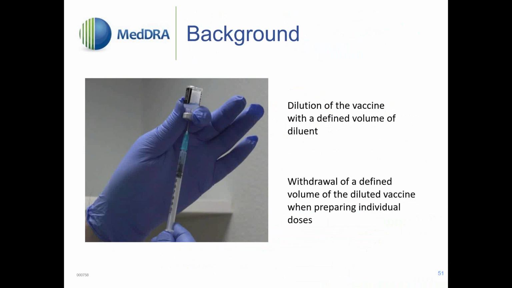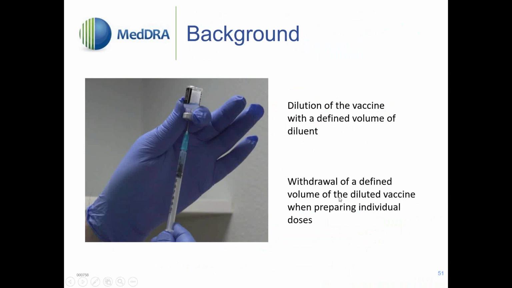Before administration, the vaccine in the multi-dose vial had to be reconstituted with a defined volume of diluent, meaning that a defined amount of this diluent is mixed into a concentrated form of the vaccine to achieve the desired diluted concentration for administration. That's the first step.